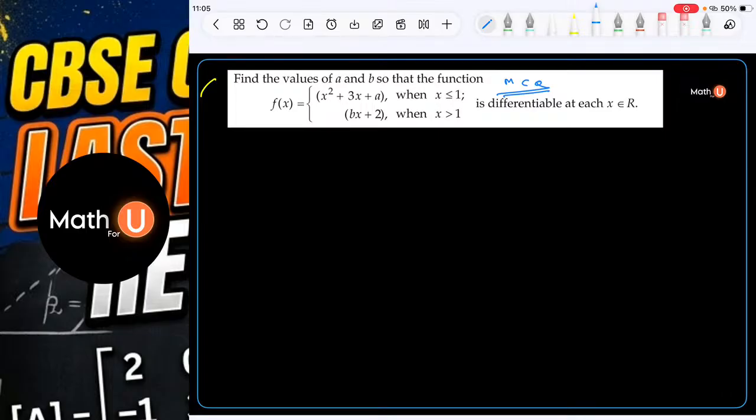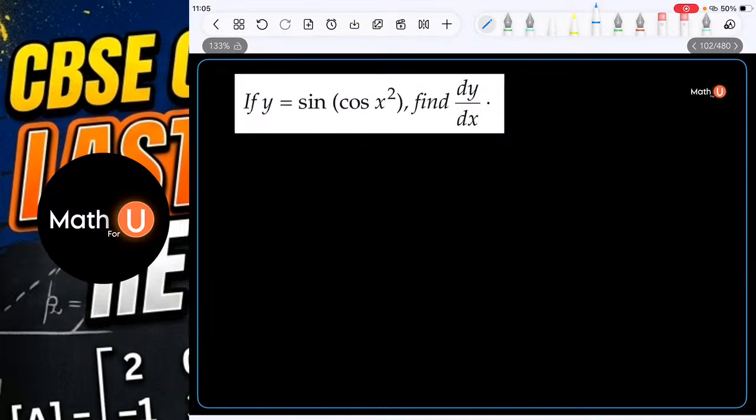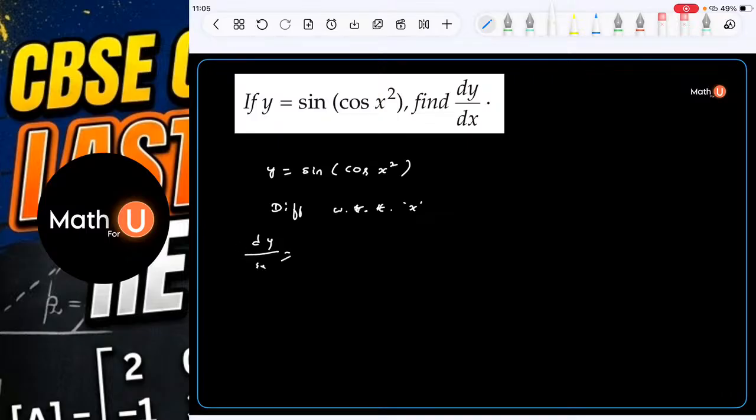The same question we discussed. Okay, then y is equal to sine of cos x square. Differentiate this with respect to x, we get dy by dx. First, forget about the inside one.